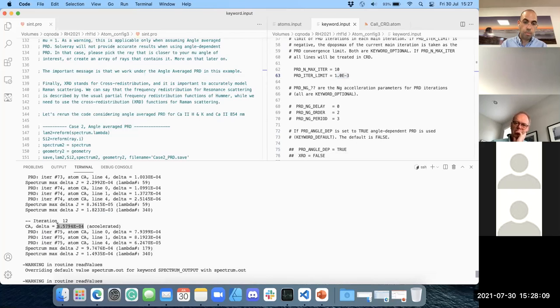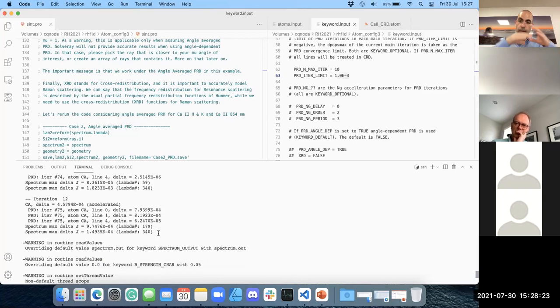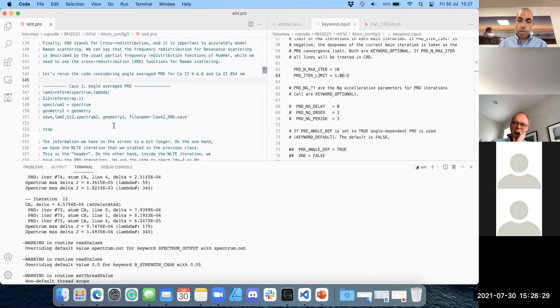So in this case, we are already in the bigger loop within the limit that we are asking the code, and then we are also here within the limit that we are asking the PRD part, okay? So these are the 2 different numbers that we see here, okay? So then we can conclude that the computation was properly done.